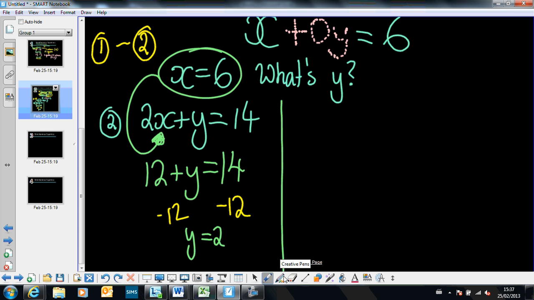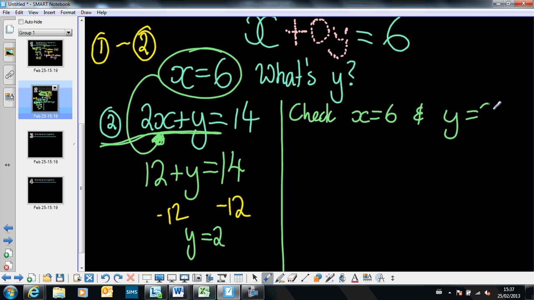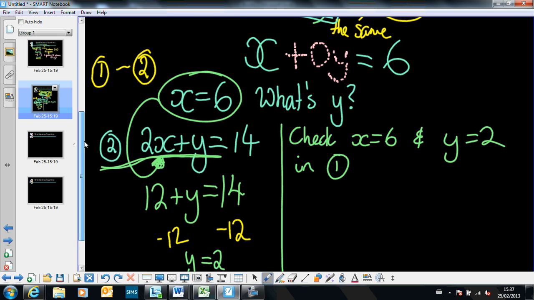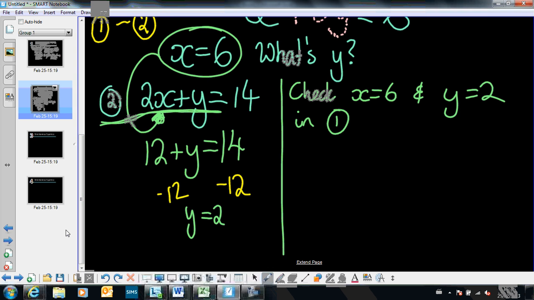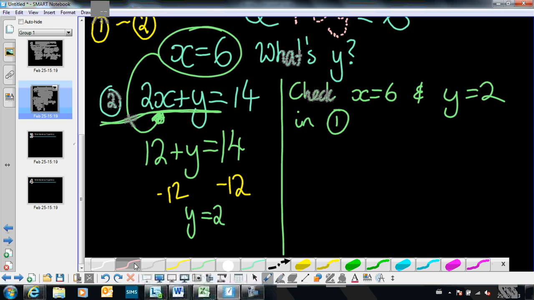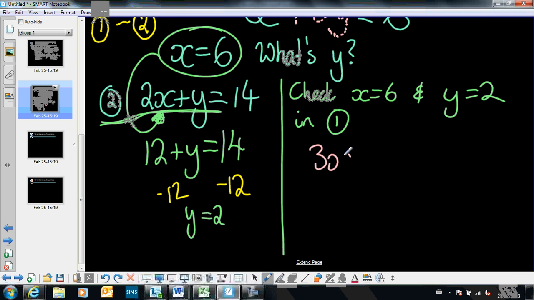Now, because I used equation 2 here, and I do want to do a check, I'm going to check in the other equation. So I'm going to check x is 6 and y is 2 gives me the correct answer in equation 1. Let's just remind ourselves what equation 1 was: 3x plus y equals 20. So if I do 3x plus y, it should give me the answer 20.